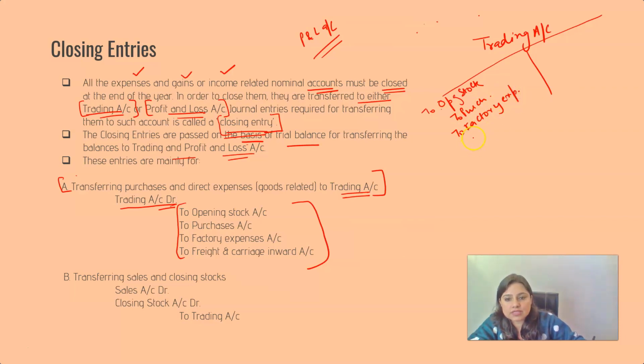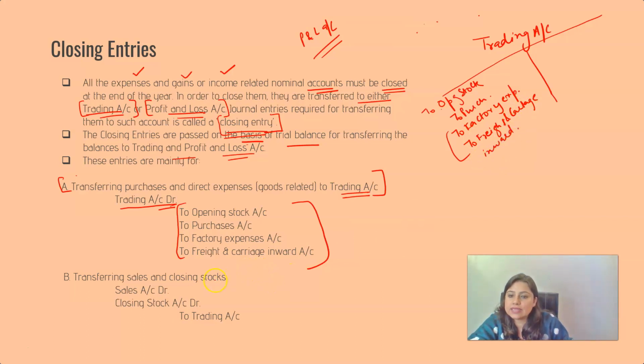To factory expenses and to freight and cartage inward. Both of these are direct expenses. However, they will not be accumulated in the purchase cost, as these are not of the nature that the expenditure should be capitalized. To freight and cartage inward.